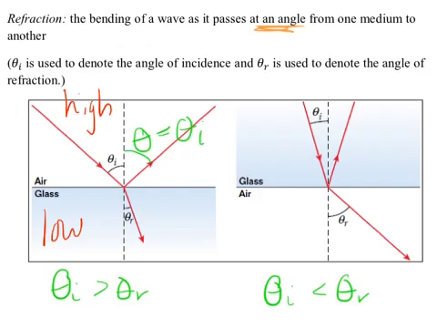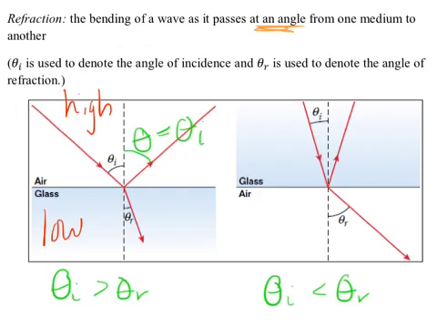When it goes from high speed to a lower speed medium, the wave bends toward the normal. That's what you're seeing here in this left diagram. The wave angle here might have been 45, and now it's only about 20. So it's bending toward the normal.